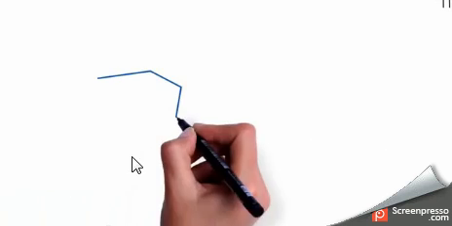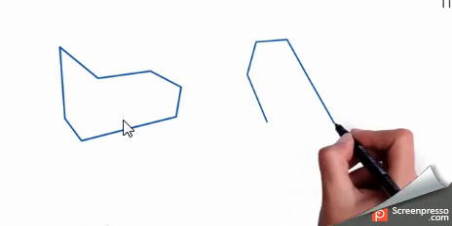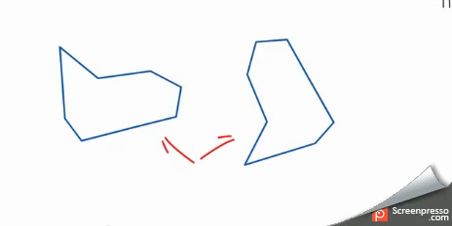We take the next example. If I have this polygon and this polygon, what's the first step to know if they are congruent or not? At first, we should count the sides of the polygon. 1 side, 2 sides, 3, 4, 5, 6, 7 sides.